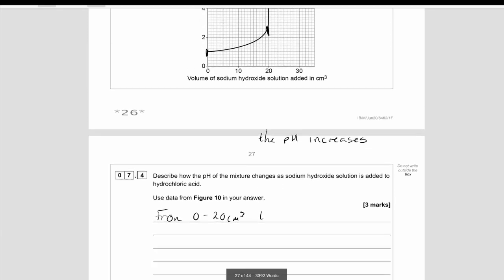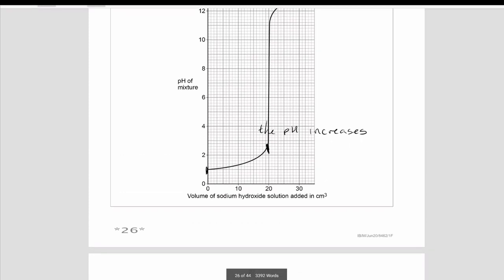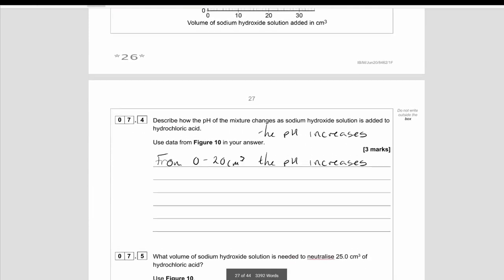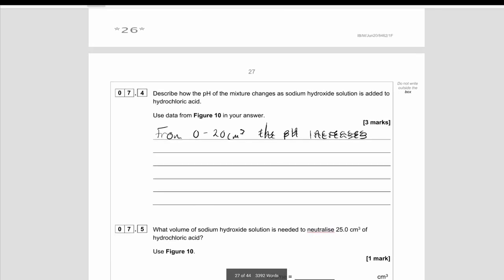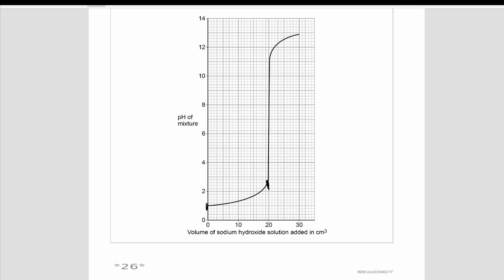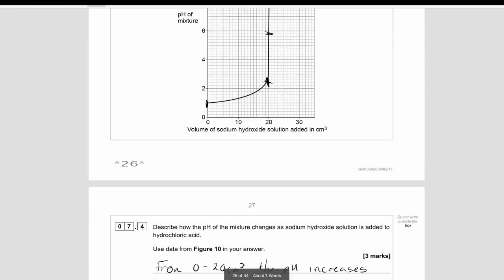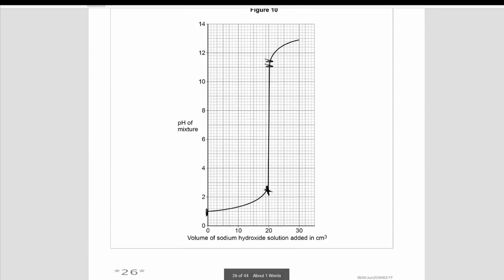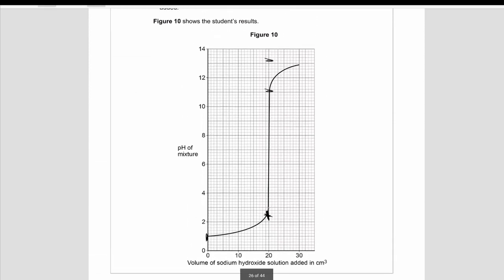The next section we're going to talk about is at 20 centimeters cubed, where something's clearly happening. And we can see that at 20 centimeters cubed, our pH goes from 3 and it goes all the way up to 11.